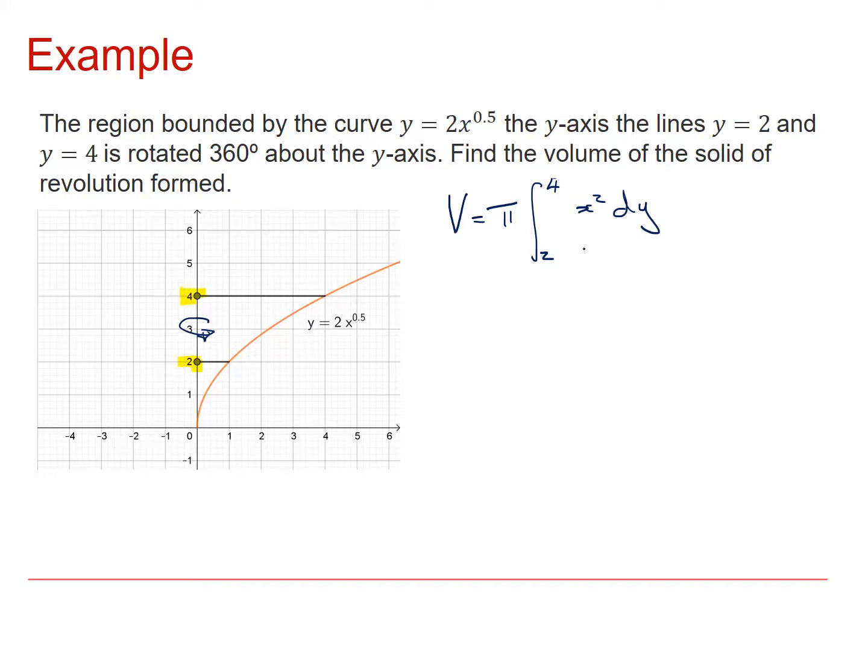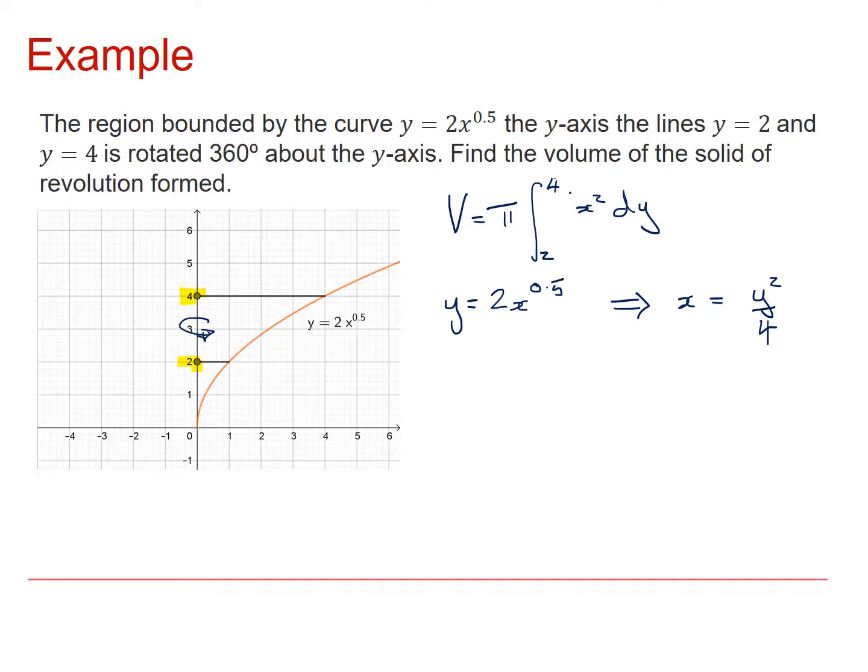And this time round, I want to substitute for x squared to get an expression involving y. Well, I know that y is equal to 2x to the 0.5, which gives me that x is equal to y squared over 4.